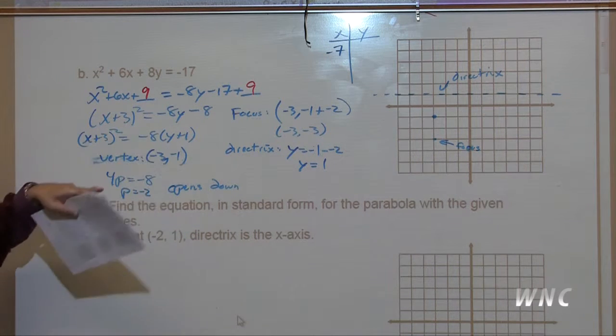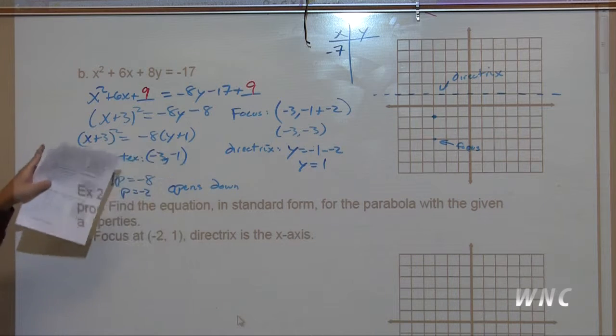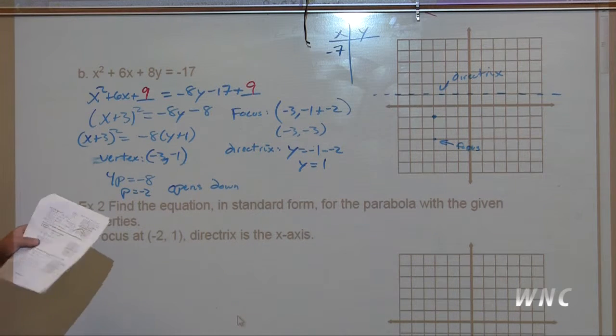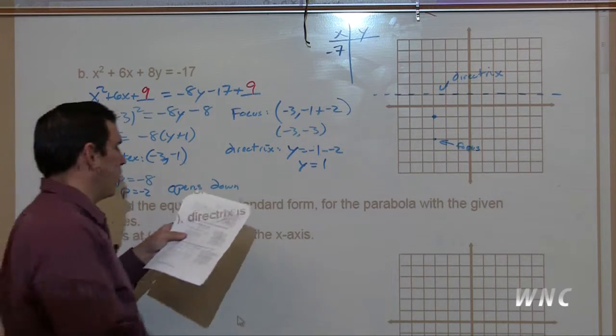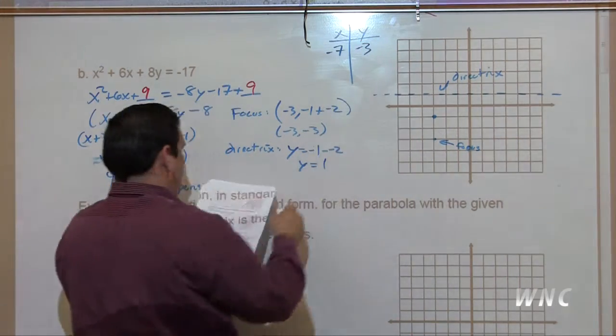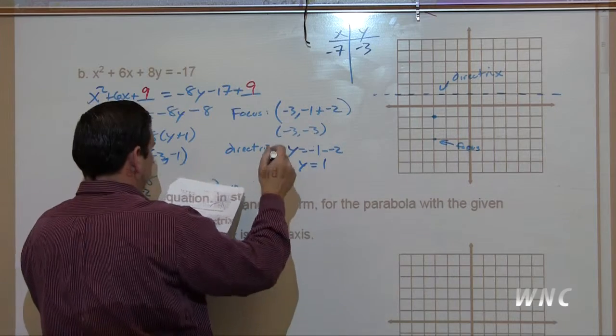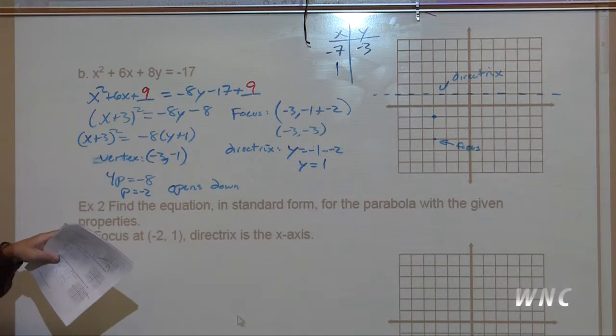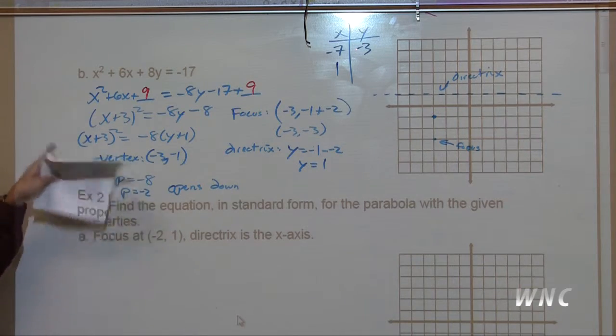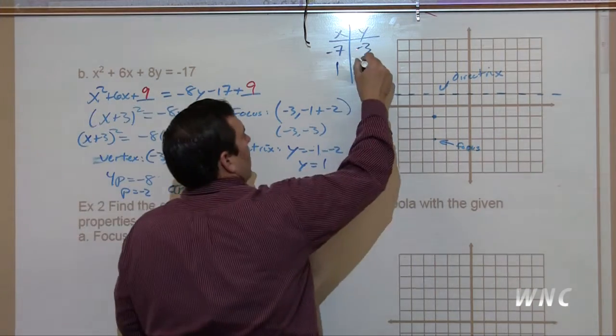Square that, we get 16. Bring that over, 24 divided by negative 8, we're going to have negative 3. How about if we go with 1? 1 plus 3 is 4, 4 squared is 16, bring the 8 over, get 24, we get the same thing, negative 3.